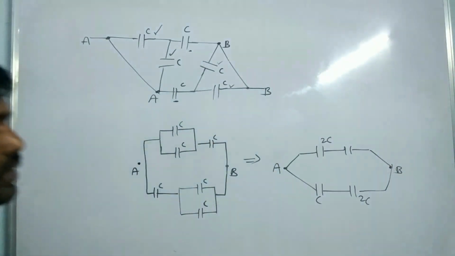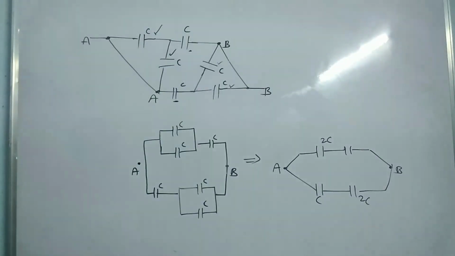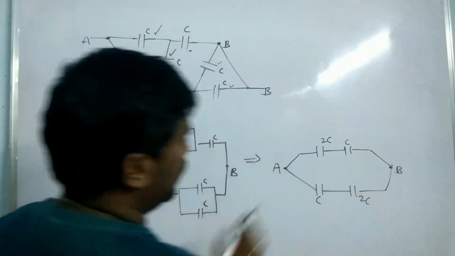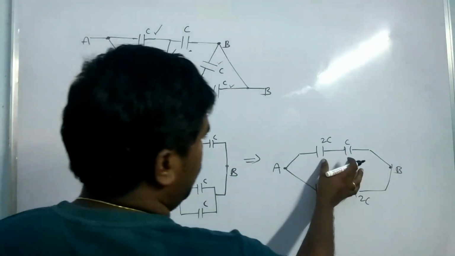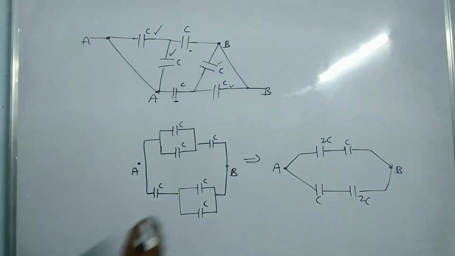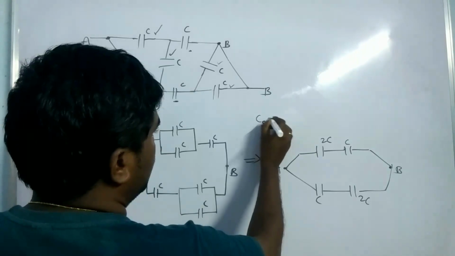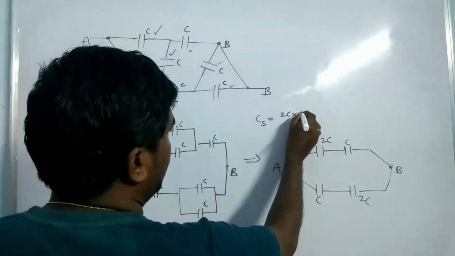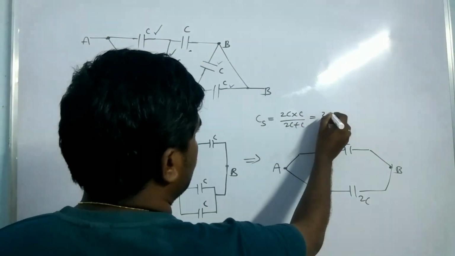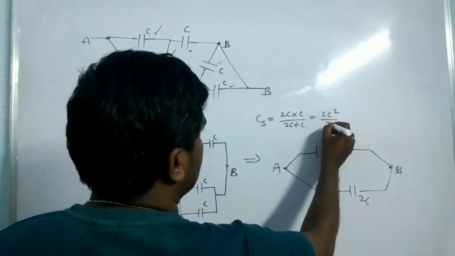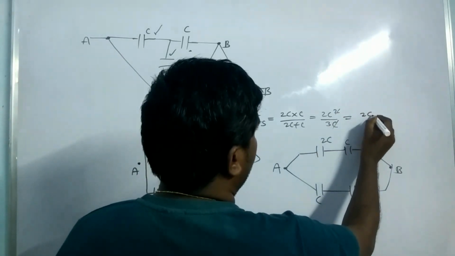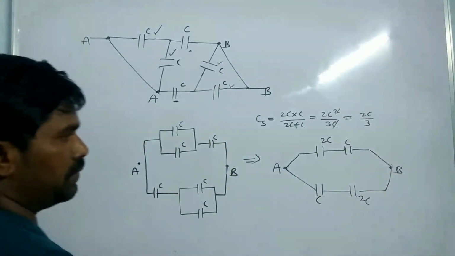This is the arrangement. From this, these two are in series, and these two are in series. By the series combination of 2C and C, C series is equal to 2C into C by 2C plus C, which is equal to 2C square by 3C. C will be cancelled, so 2C by 3, that is 2 by 3 C.